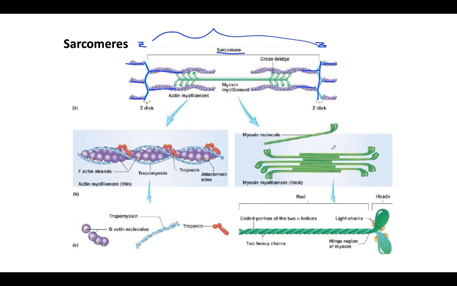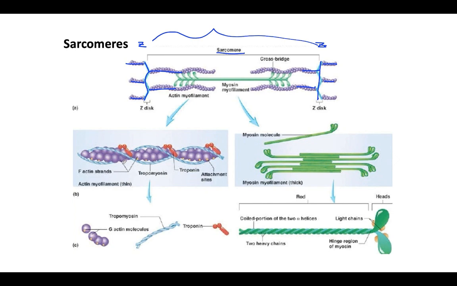Let's look at here. This is myosin molecule. The molecular structure has head and rod. So this head region eventually later binds to the active site of actin myofilament.